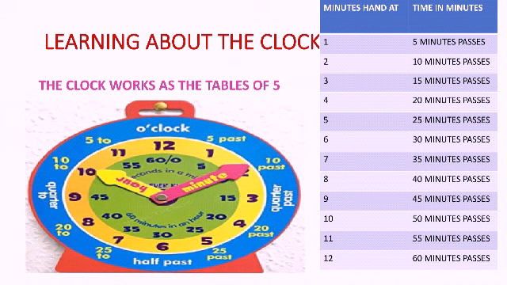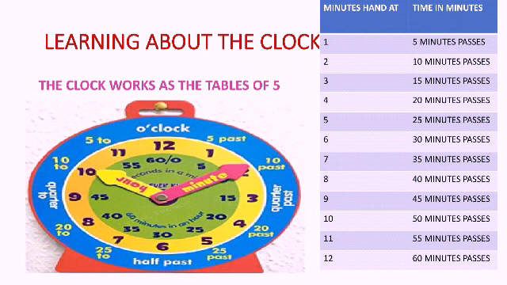Look here, I told you the larger hand is the minute hand, the smaller hand is the hour hand. Now look here, when the minute hand is at 1, that means 5 minutes have passed. When the minute hand is at 2, 5 2s are 10, 10 minutes have passed. When the minute hand is at 3, 5 3s are 15 minutes.